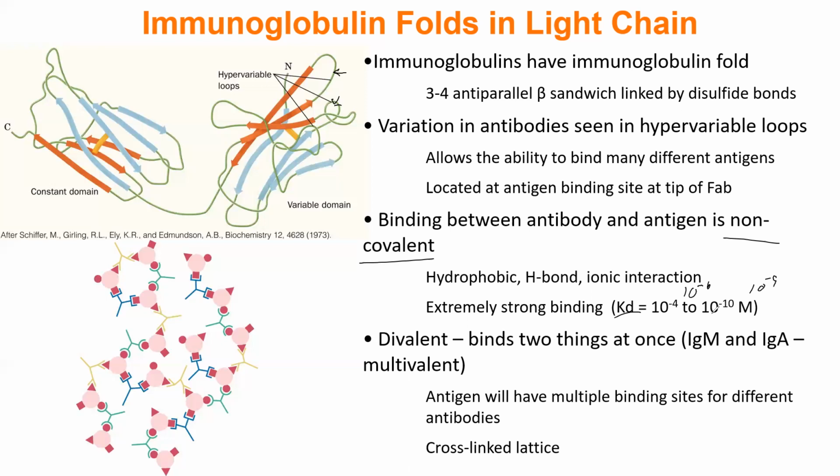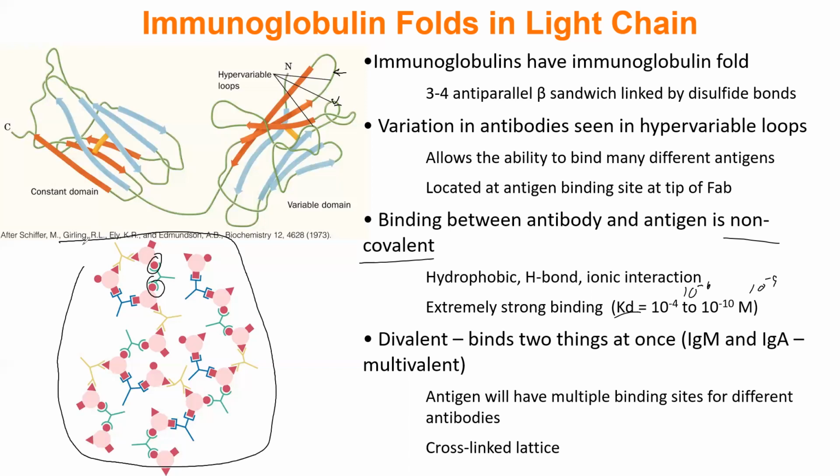And the thing about antibodies, the IgGs, is that they are divalent. What I mean by divalent is if we look at our antibodies, they can bind two things at once. And so what happens inside your system is that if your body finds antigens, then your antibodies will bind, and it's going to form this giant lattice of antigen and antibody.